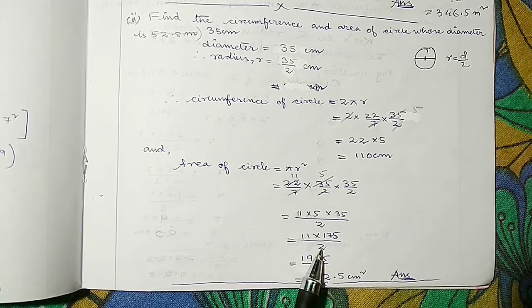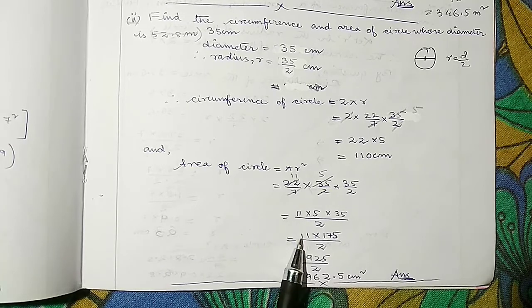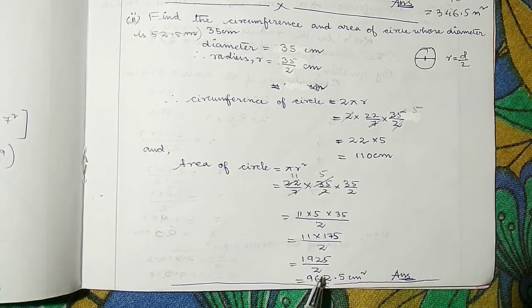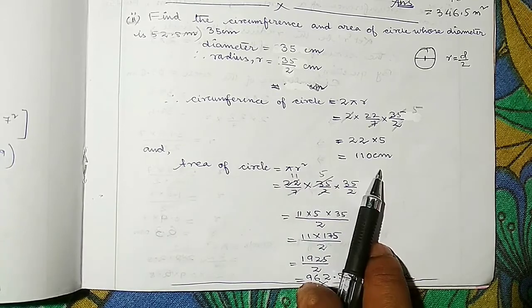Since these numbers cannot be cancelled by 2, so we have to multiply. After multiplying these 2, we are going to get 1925 divided by 2. And if you divide by 2, you are going to get 962.5 centimeter square. Be careful while writing the unit. In case of area, it will be square, centimeter square, whereas in case of circumference, it will be centimeter.